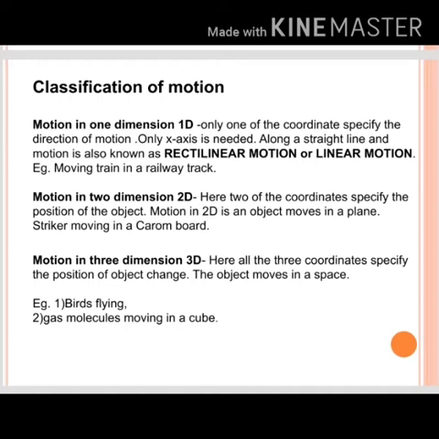Now, we see the classification of motion. Motion can be classified in 1 dimension, 2 dimension, 3 dimension, when we talk with respect to the frame of reference of the axis. Motion in 1 dimension is motion along a straight line.